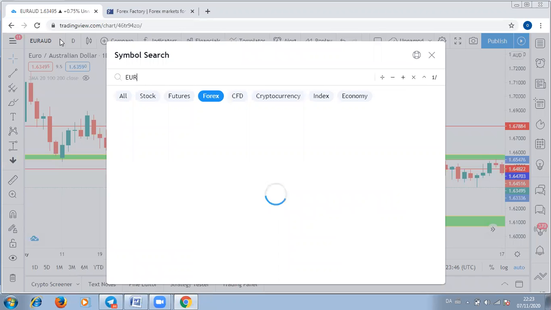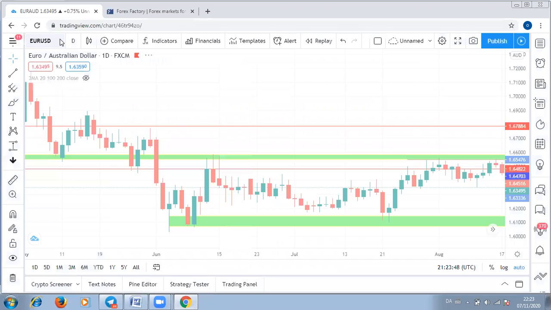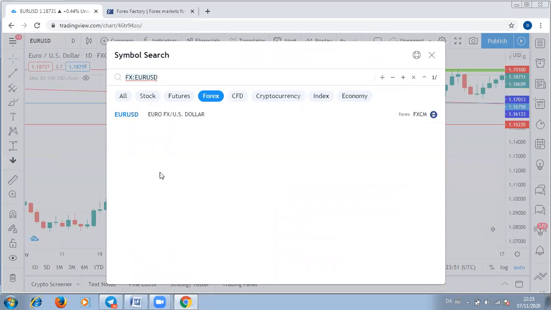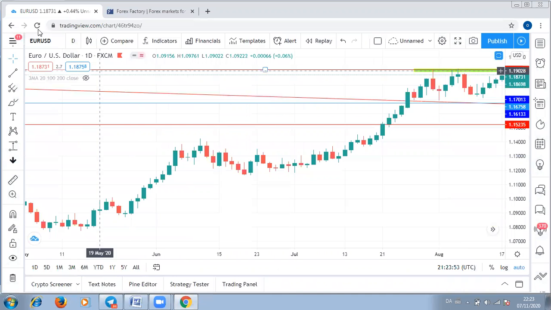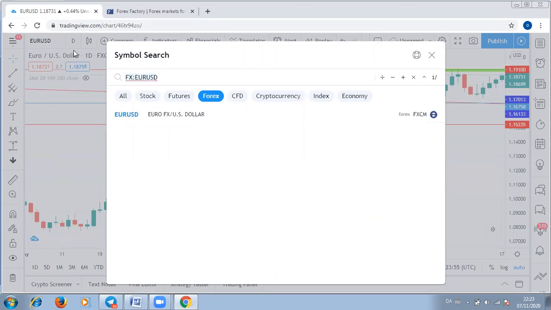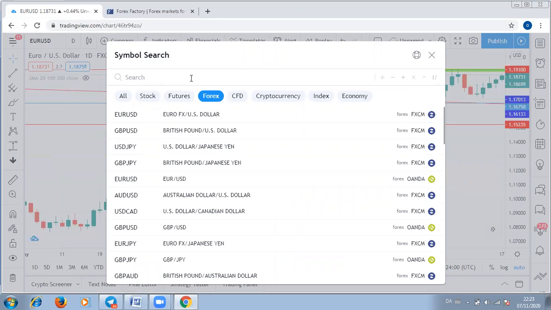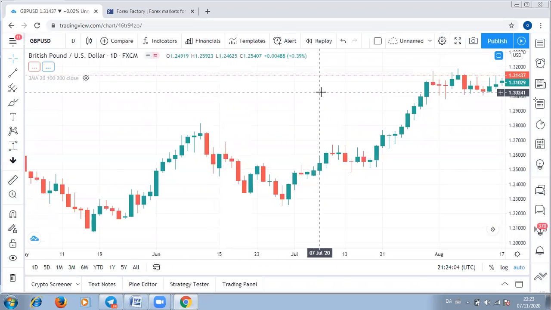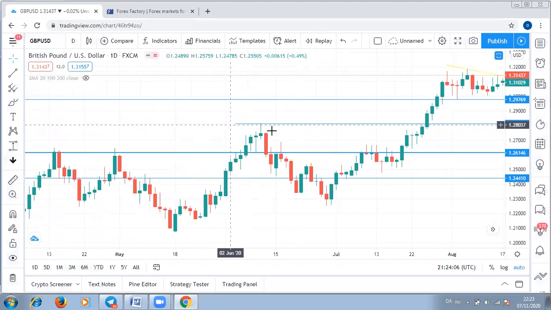EUR USD. This is that. EUR USD. I already have something on that one. Okay, let's use the British pound.